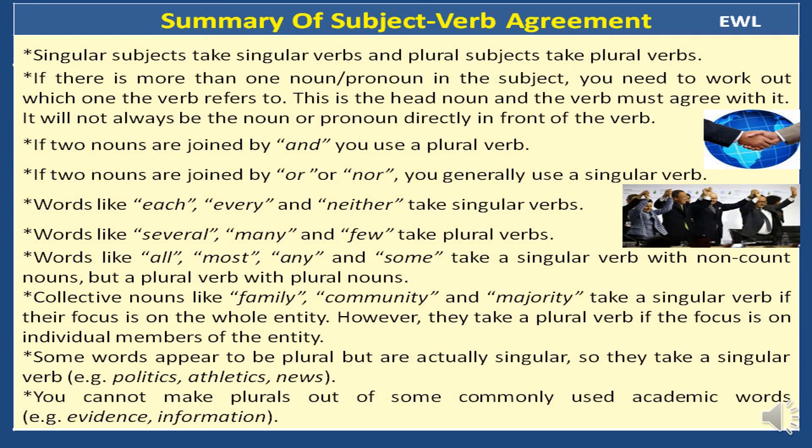Example: politics, athletics, news, mathematics, etc. You cannot make plurals out of some commonly used academic words. Example: evidence, information, etc. So please keep all these things in mind. I know it's really confusing, but by practice we can definitely get well versed with this topic.